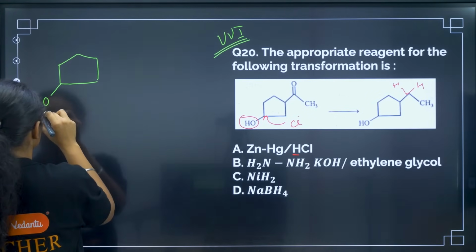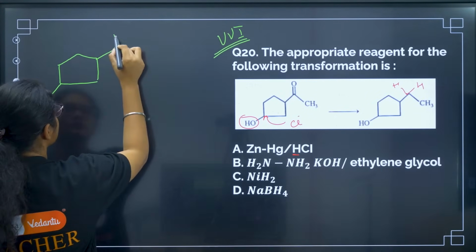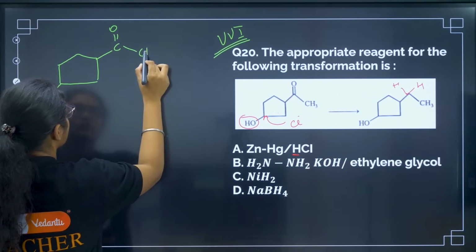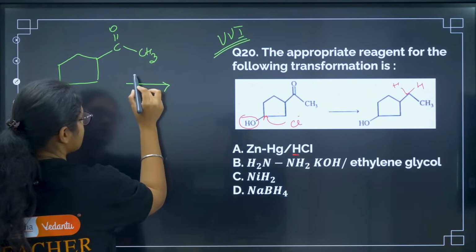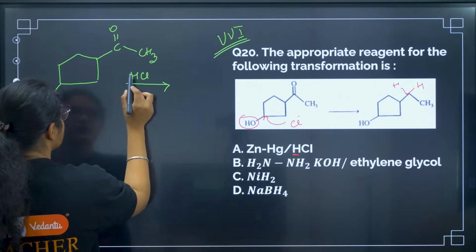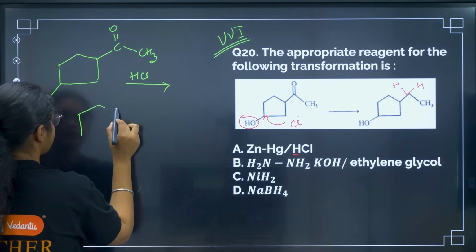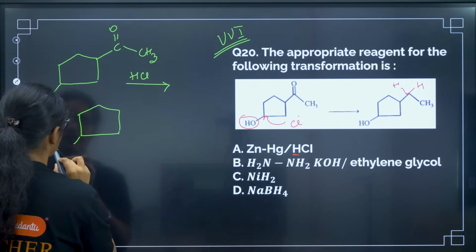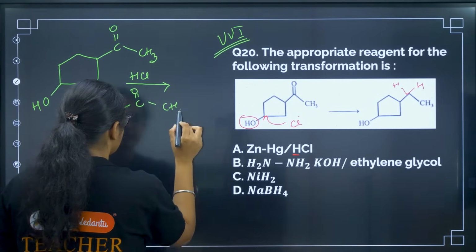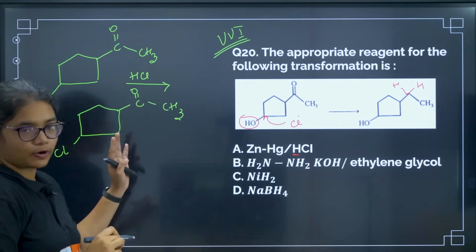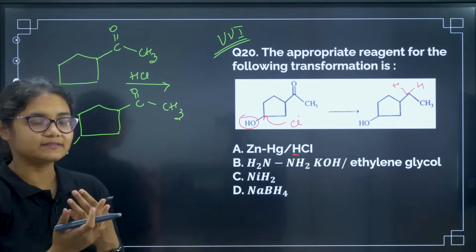We have this OH, C double bond O, CH3, right? Now when you treat it with HCl, this O plus will get removed and we'll get chlorine and CH3. So there is a possibility of getting this product also. So it may not be obtained as a pure product.